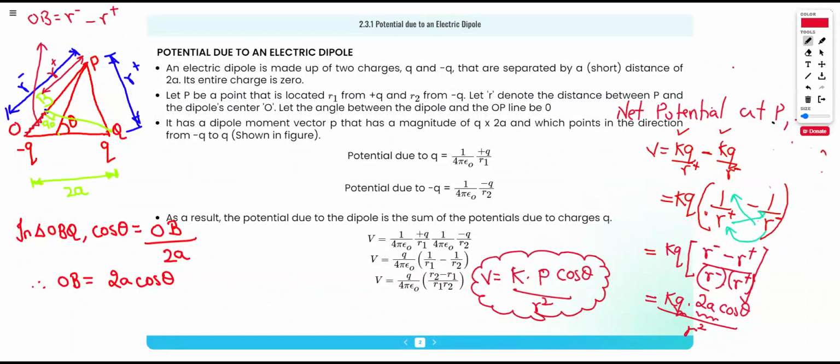So in place of this, I can write 2a cos theta over R squared. So here we'll get kq 2a cos theta. What is 2aq? It is dipole moment.